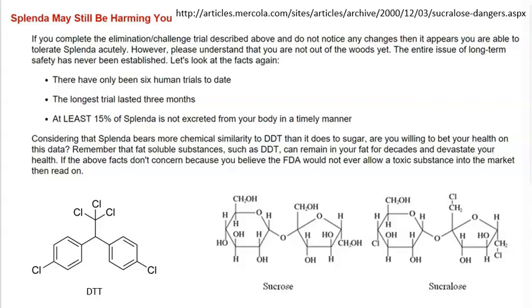I found this source on Mercola.com, the dangers of Splenda and sucralose. I was doing a little bit of research just on the internet. I want you to take a few seconds to read this, and then decide based on their description, and look at the molecules down below of DTT, sucrose, and sucralose.